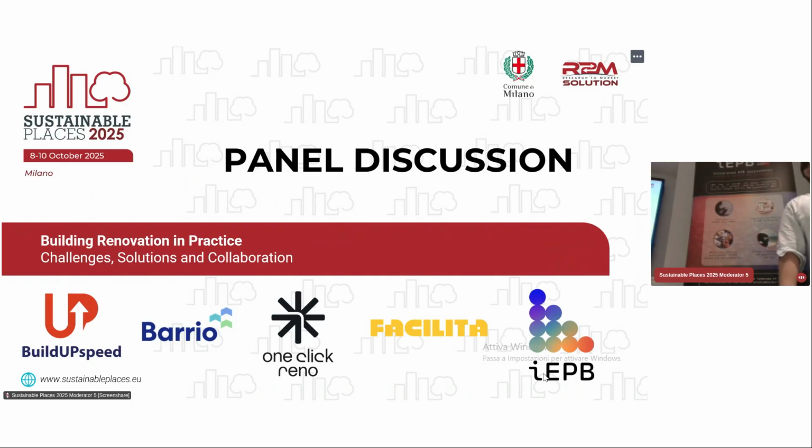So next question. It's mostly for iEPB, but I think it's fitting also for others. Bringing together data, a common data set from EPCs, renovation passports, SRIs, is a little bit of a dream. Sometimes I think what would really be a catalyst to use all this data.